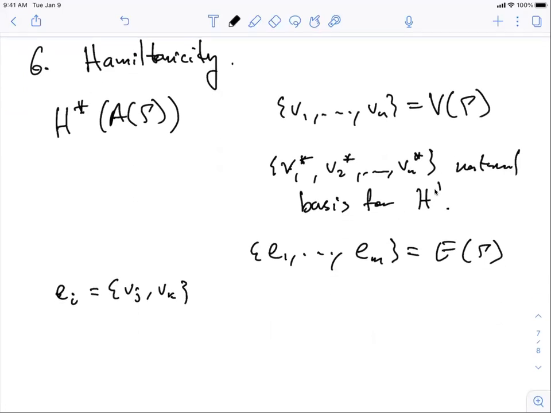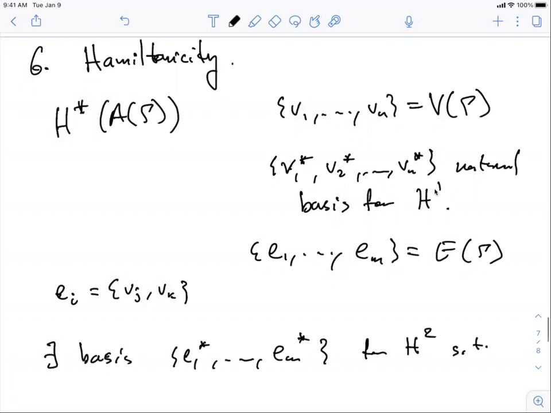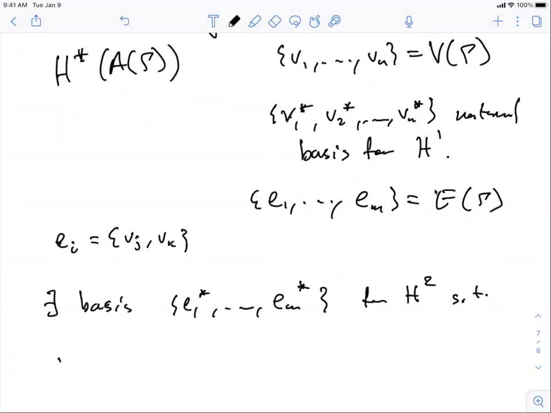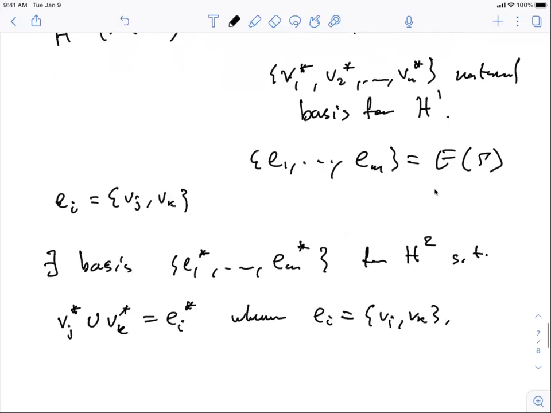There's a general structure theorem about the cohomology algebra of A of gamma that says there exists a basis, say E1 star all the way to EM star, for H upper 2, such that Vj star cup Vk star is equal to Ei star whenever Ei is the edge between Vj and Vk, and Vj star cup Vl star is equal to 0 otherwise.